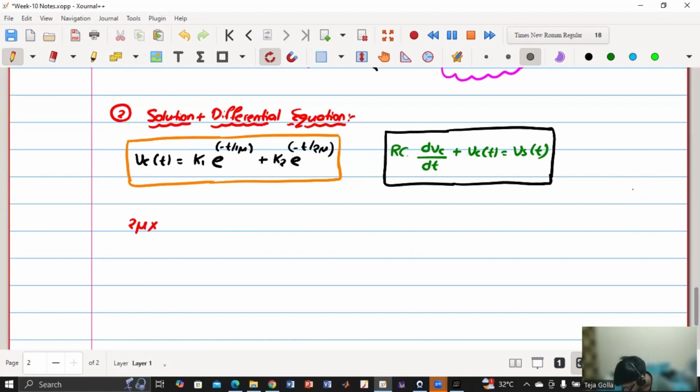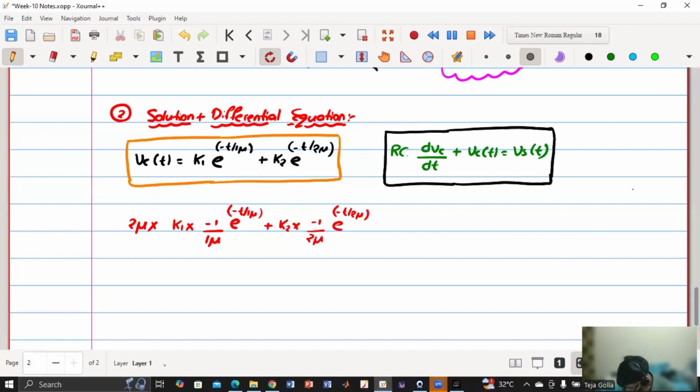So it is K1 into, I'm just writing. You just check whether it is correct or wrong, and you also do it by yourself, which is very important. Plus K2 into minus 1 by 2 micro into e to the power minus t by 2 micro.